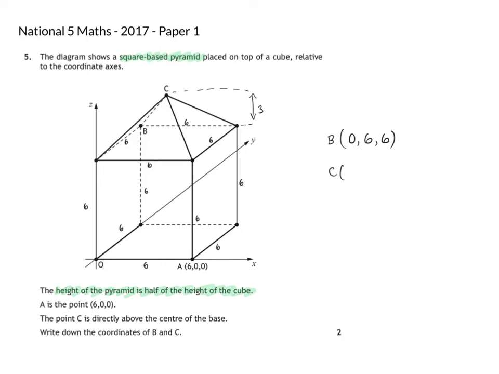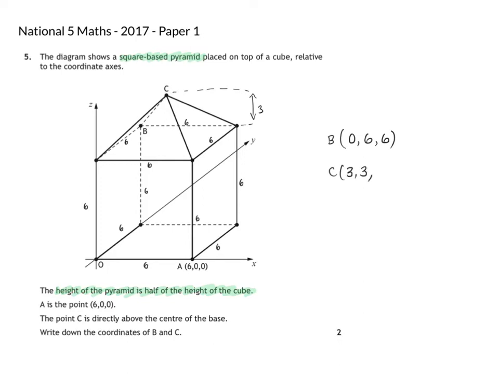So with C, it tells us the point is directly above the centre of the base. So the centre of the base of our pyramid, so it's 6 to go all the way along, so it's going to be 3 and 3 for our x and our y direction. So we've gone along 3 there and back 3 in our y direction. And then we need to figure out how tall we've gone.